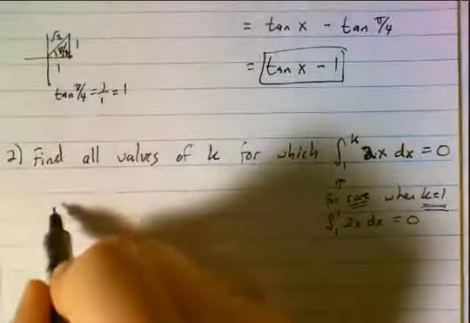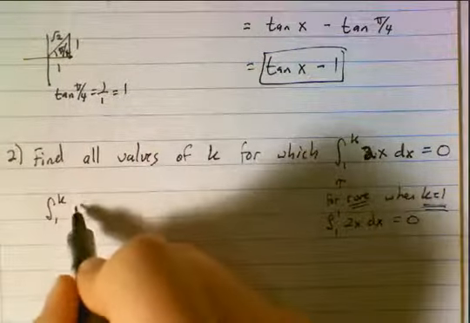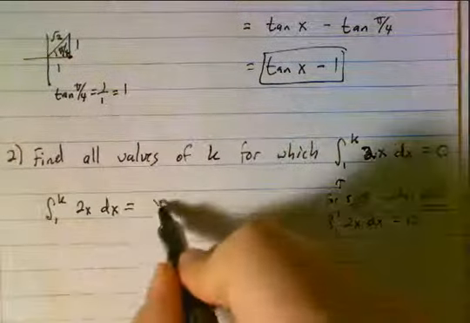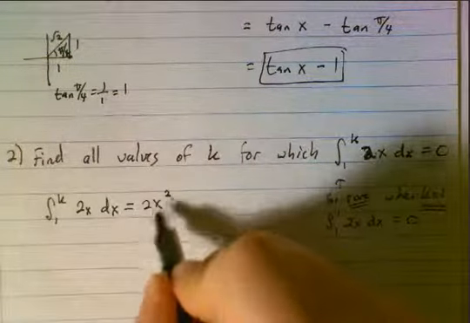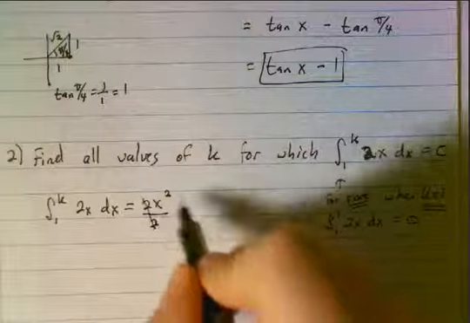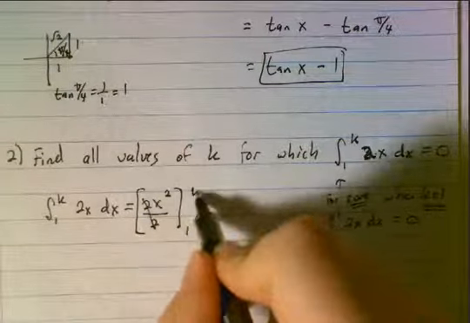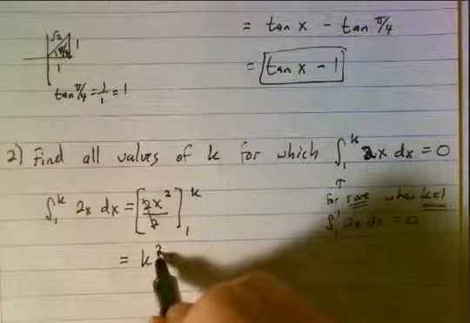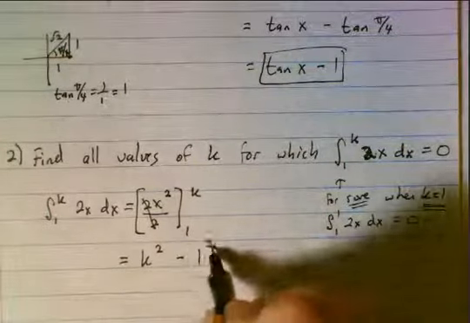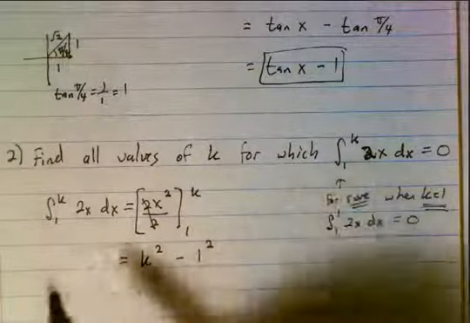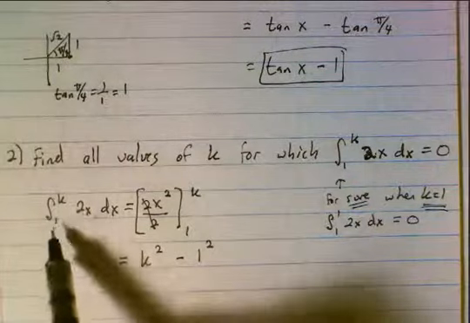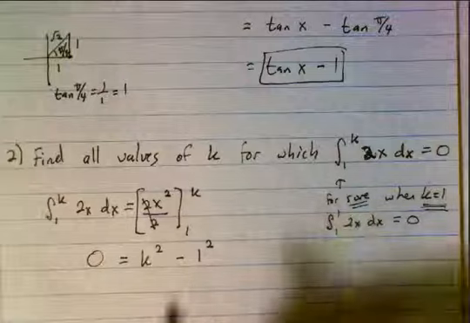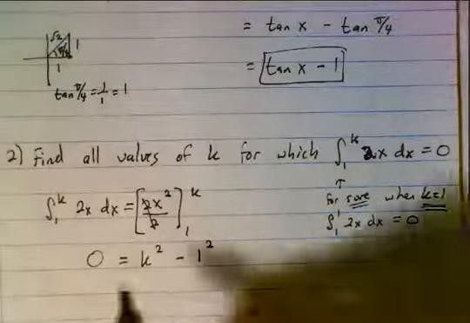So when we're doing this, the integral from 1 to k of 2x dx, we take the antiderivative, so that's x squared, from 1 to k. So that's k squared minus 1 squared. And we're told that the integral from 1 to k of this function is 0, so we can say that 0 equals all of this.